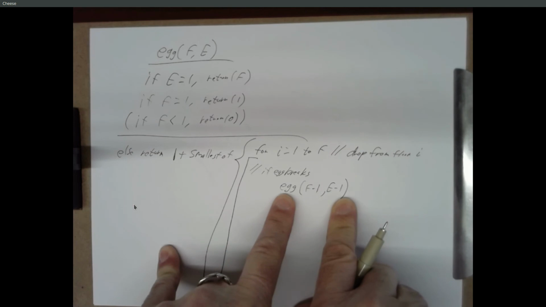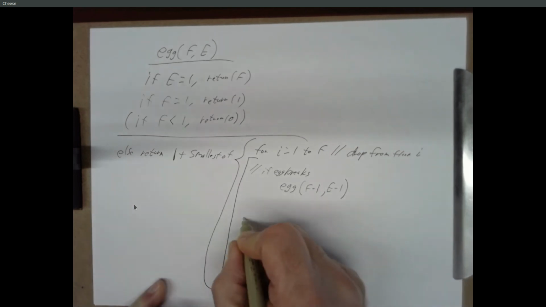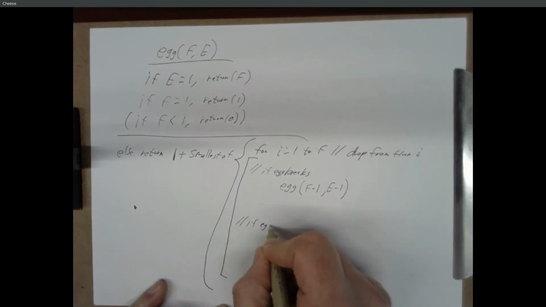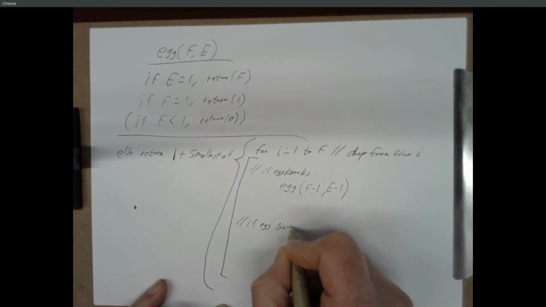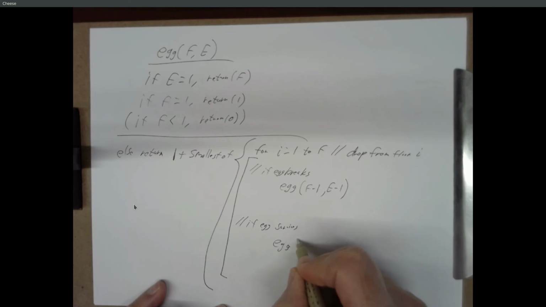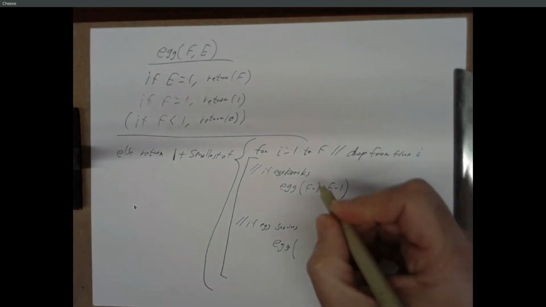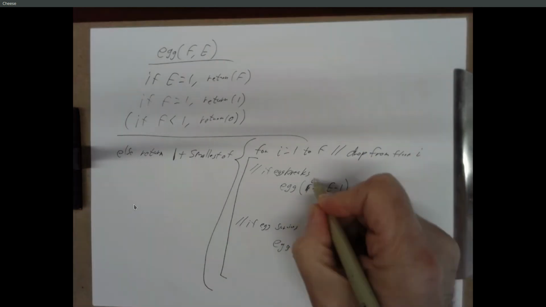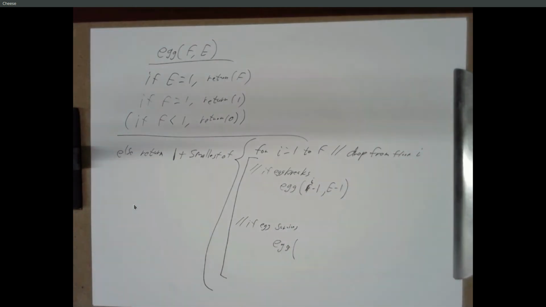On the other hand, if the egg survives, the critical floor is either I plus 1, I plus 2, all the way up to F. So we have a new subproblem, right?